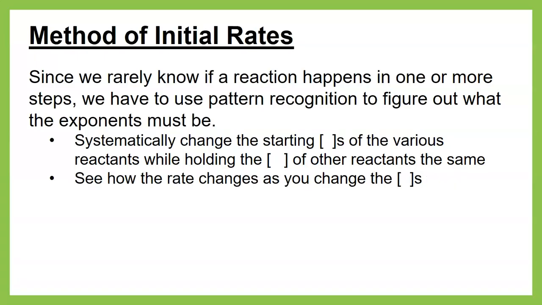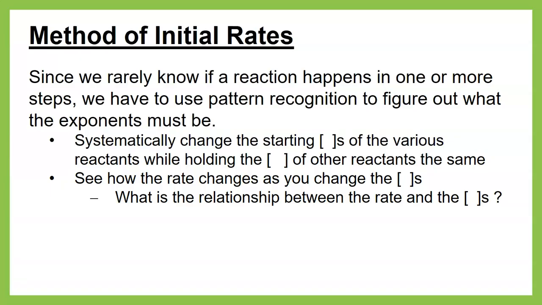That allows us to see how the rate changes based on changing one single reactant. And then that tells us what our exponents would be. You hold everything except one constant, you change that one, and you see what the rate does. It might go up, it might go down, it might not change at all.